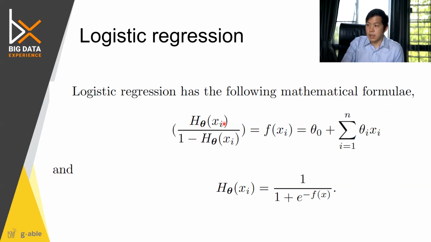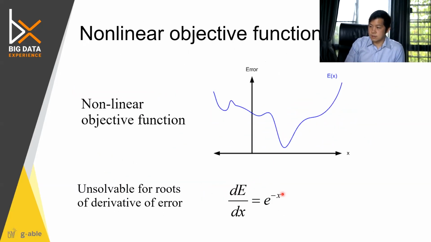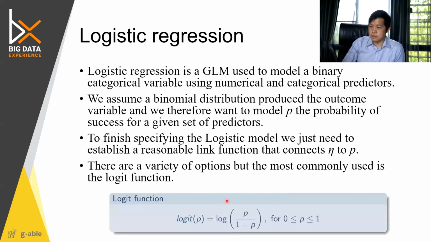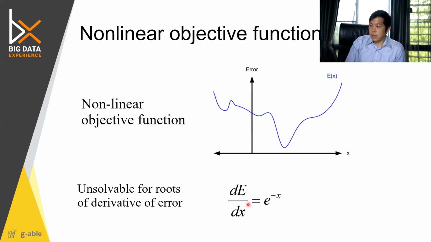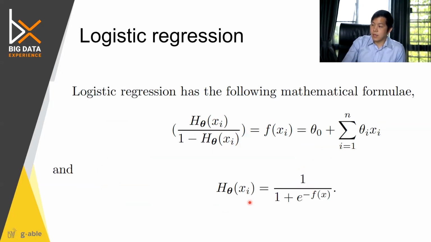We have this h(x) as the logit function, which is in this form: 1 over 1 plus e to the minus f(x). So you can associate the value of f(x) with h(x).